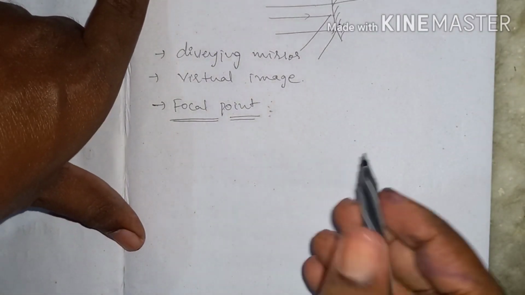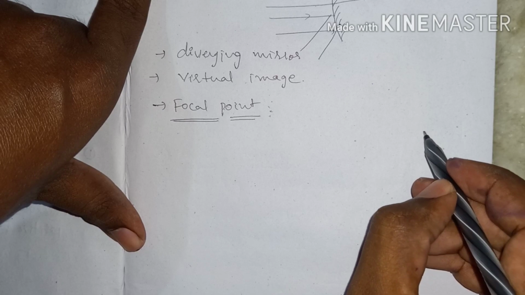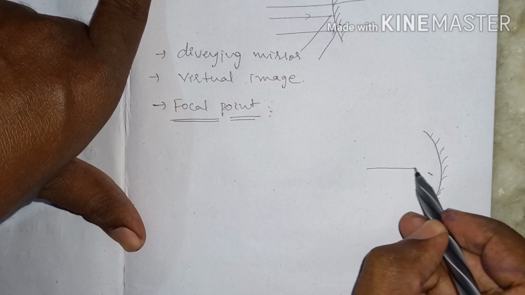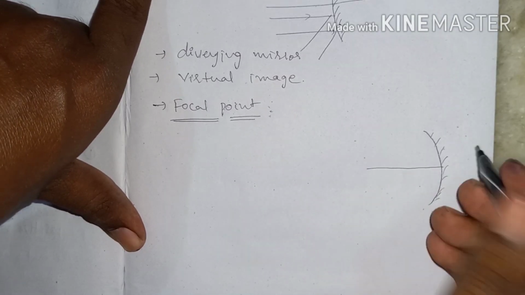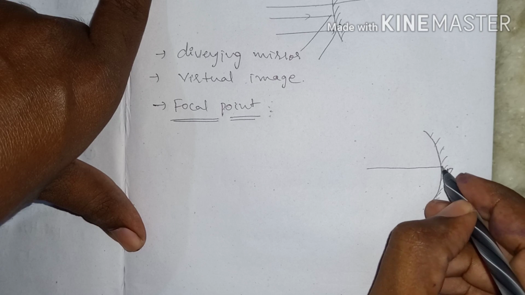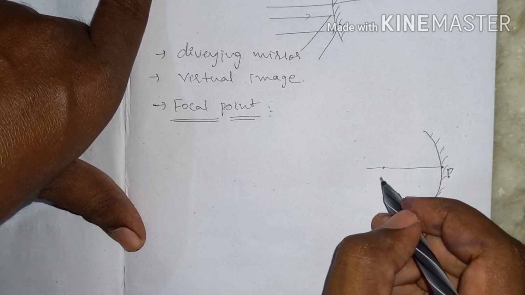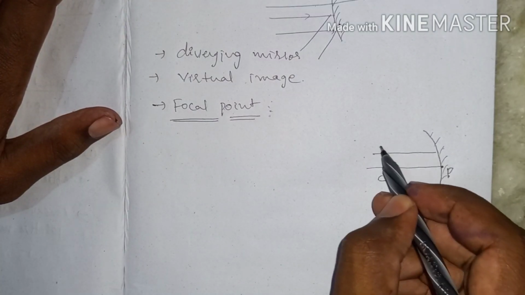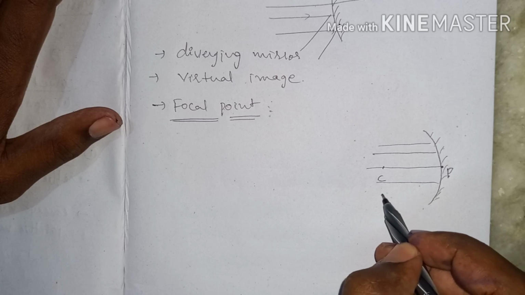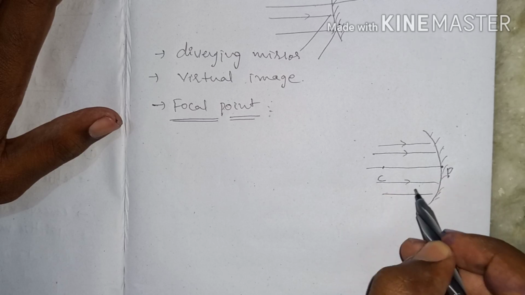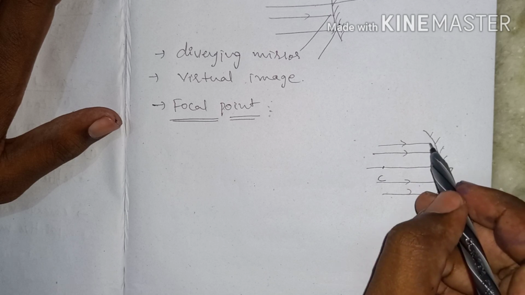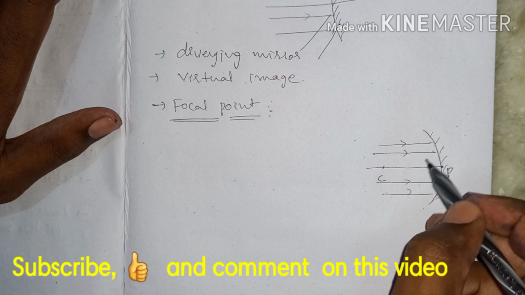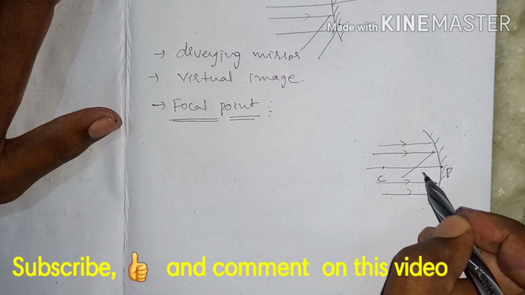So here, let me say this is the concave mirror. We already know the pole is the midpoint of the curved surface, and this is the center of curvature, the midpoint of the spherical body. Now project light rays towards the reflecting surface. We know this is a converging mirror, so the light rays move like this.